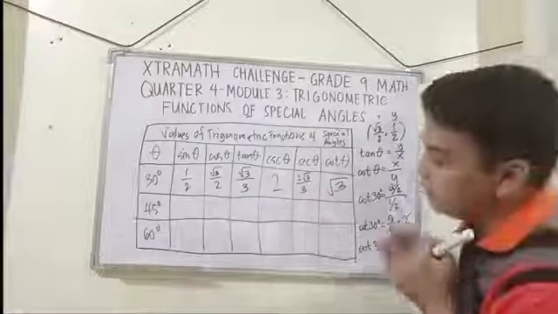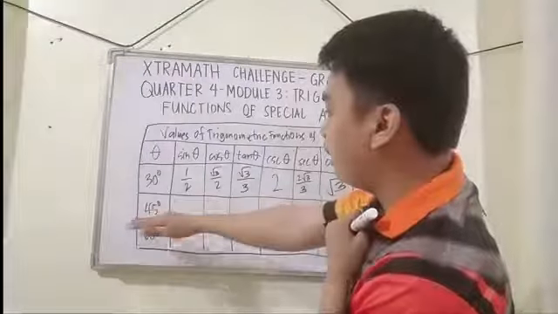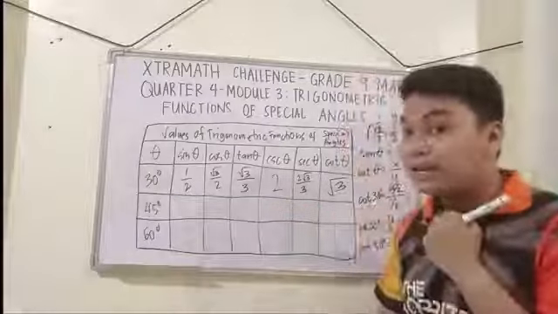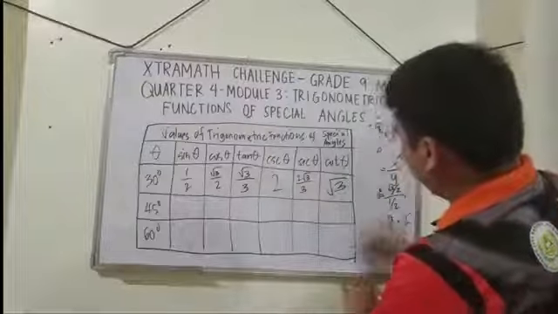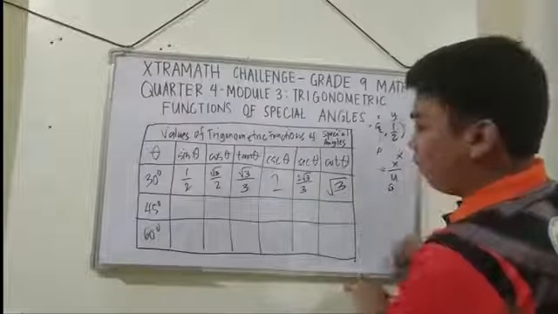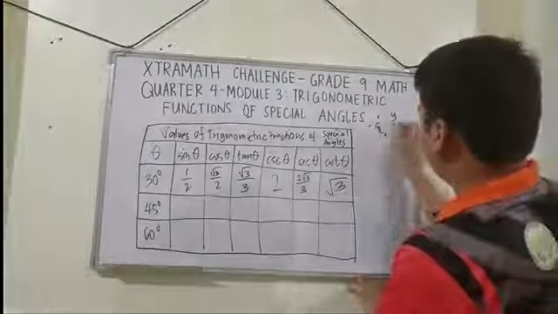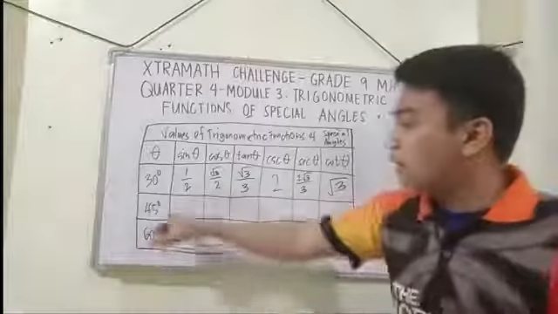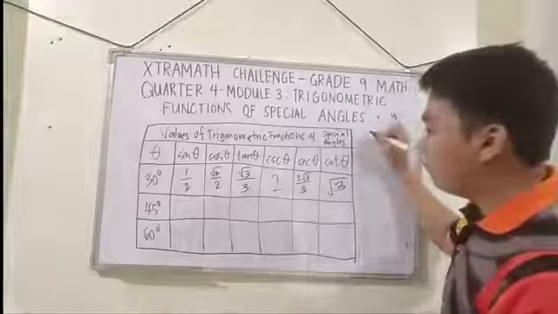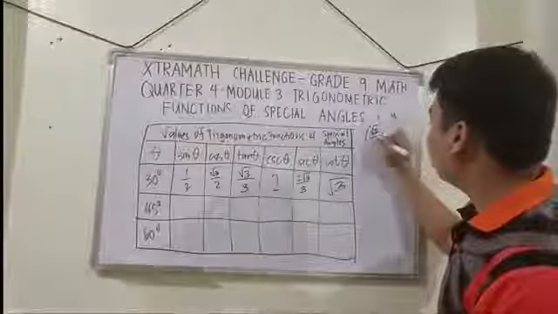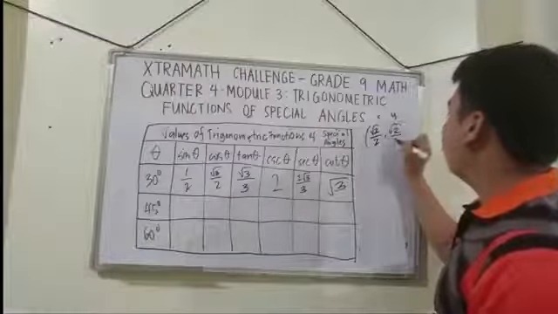Now, let's proceed to the special angle 45 degrees. So what is the coordinate of this angle 45 degrees? Remember that the coordinate of 45 degrees is square root of 2 over 2, square root of 2 over 2.